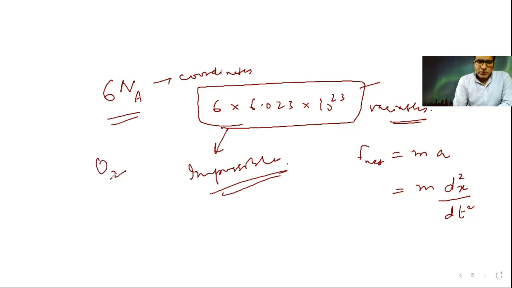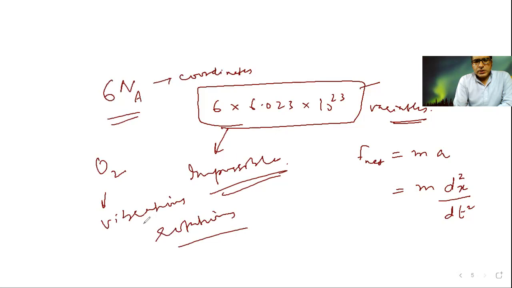Oxygen is a diatomic molecule. It can have vibrations. It can have rotations. And to consider vibrations and rotations, we will have more number of coordinates to handle.